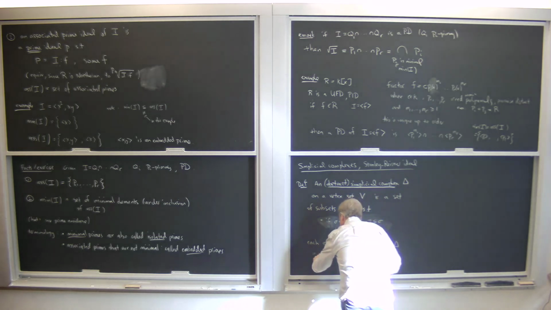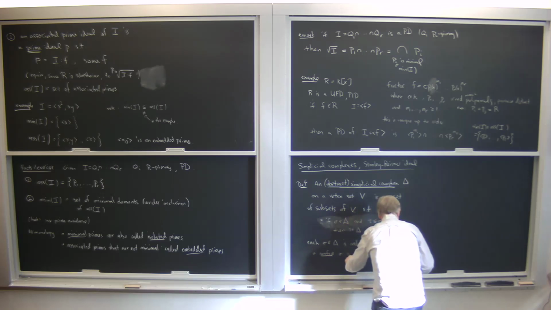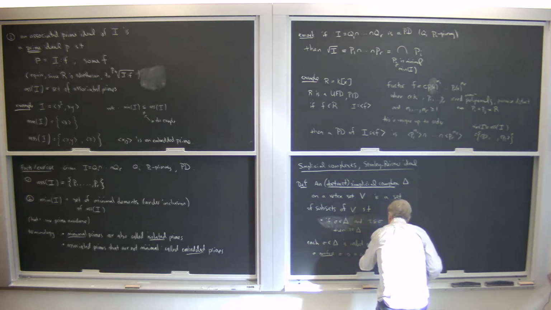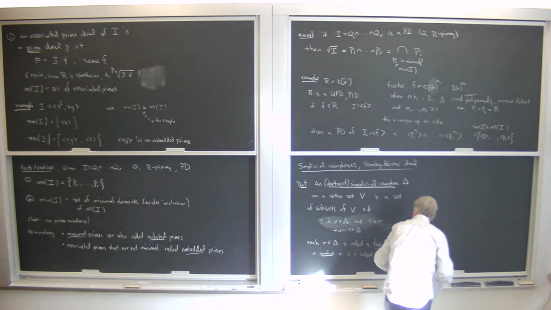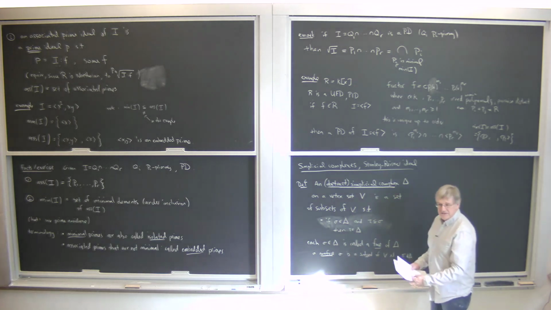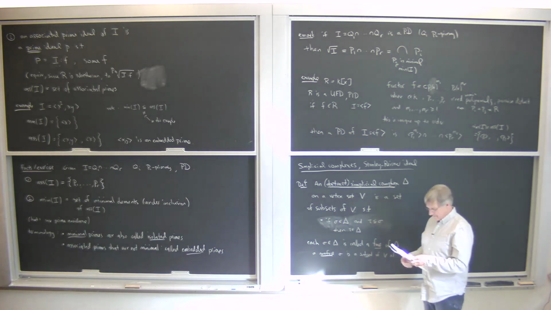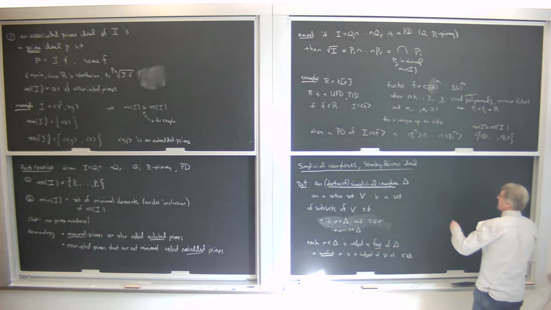So a non-face is a subset sigma of V such that sigma is not in delta. Okay, so face and non-face are just all the rest of the things. There's also going to be co-face and things like this, which we'll talk about later. But before doing that, let's do an example.